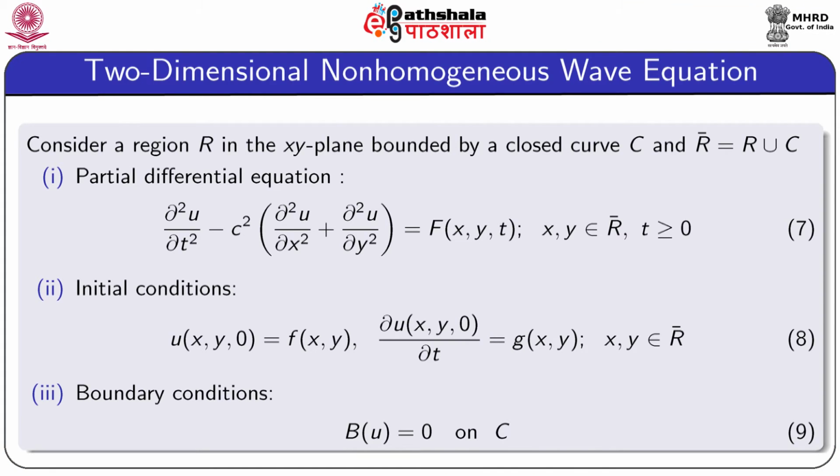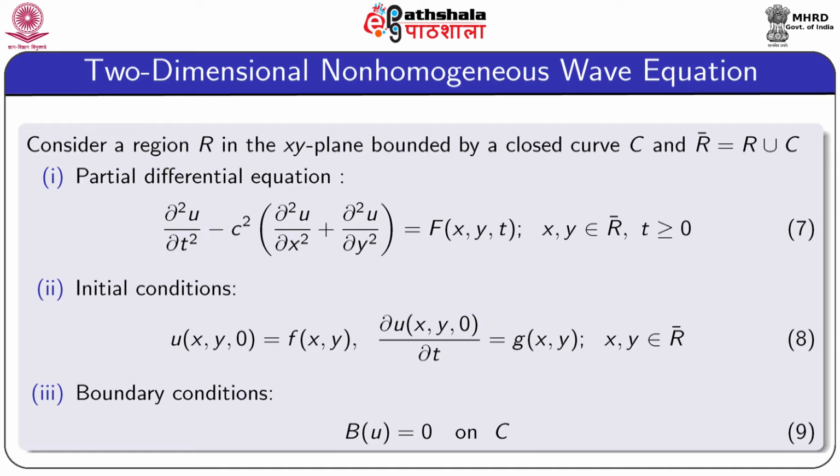Suppose we have a two-dimensional non-homogeneous wave equation. We have to solve the equation del 2u del t square minus c square times del 2u del x square plus del 2u del y square equals capital F of x y t.